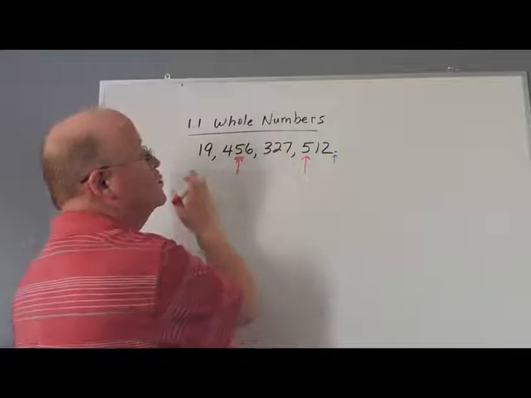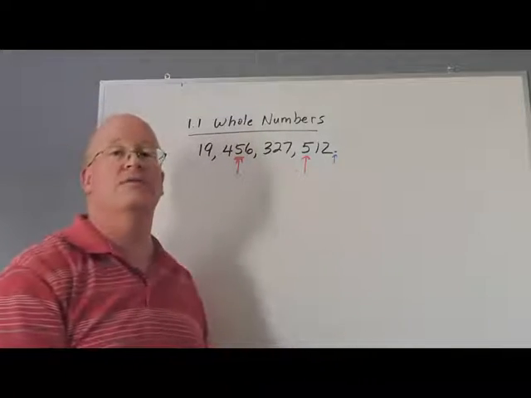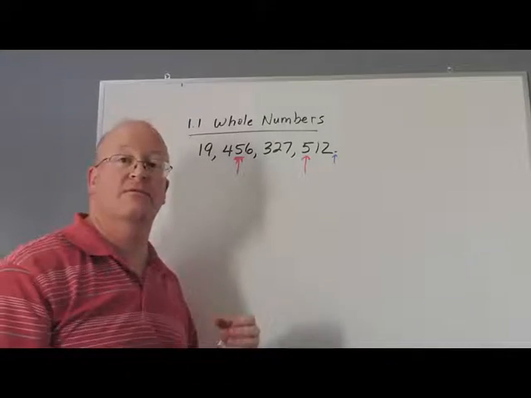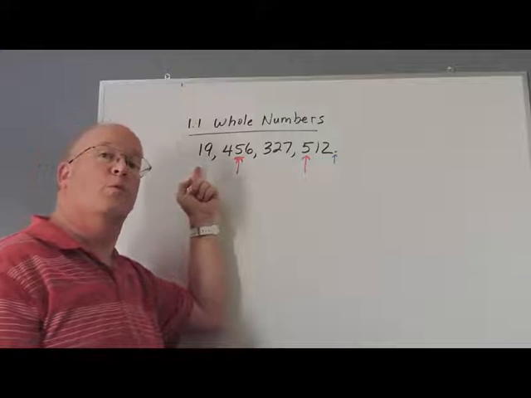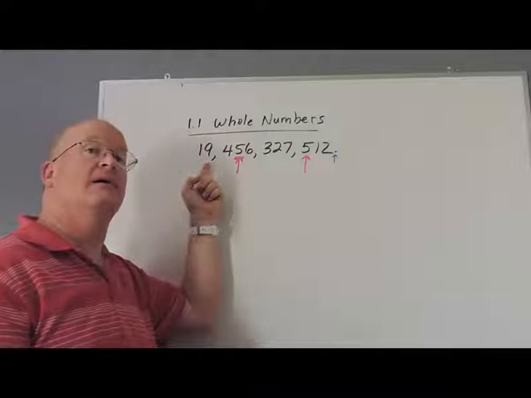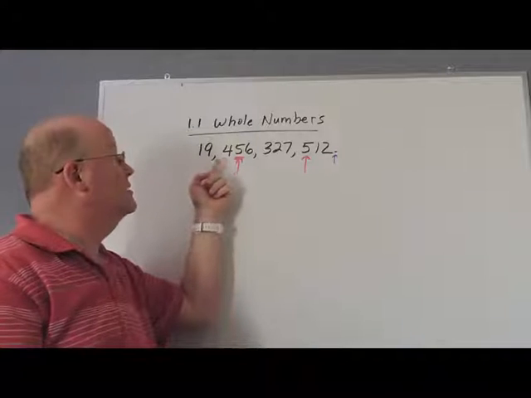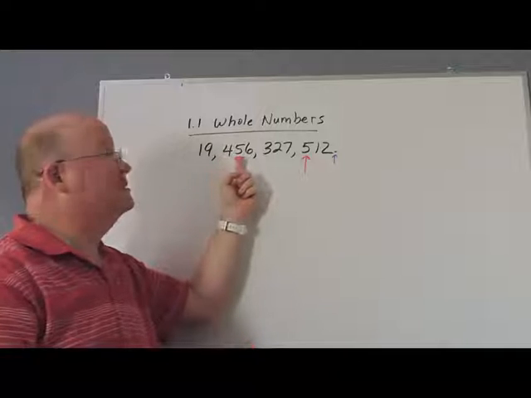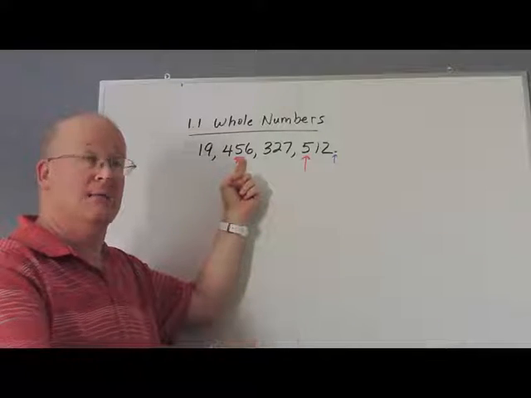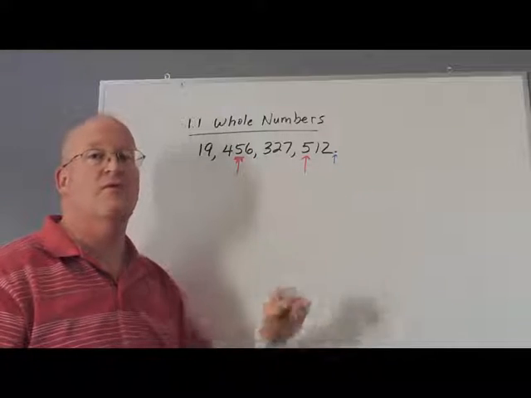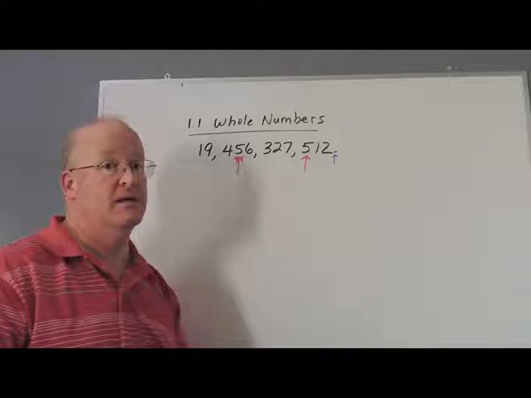Okay, so we want to be able to recognize the place value of each of these numbers, because if we were to write this in expanded form, we would say this is 1 of the 10 billions plus 9 of the billions plus 4 of the 100 millions plus 5 of the 10 millions, 6 of the millions, etc. going through there when we write this in expanded form.